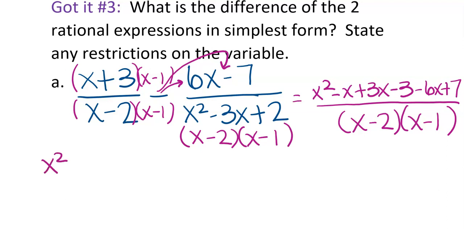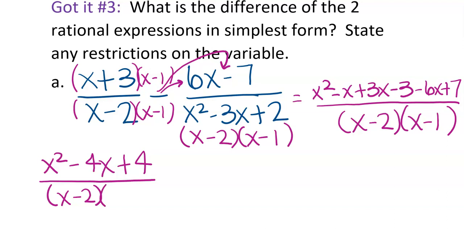We have a negative 1x, a positive 3x, and a negative 6x. So that would be a minus 4x. And then plus 4. Everything else will stay the same.